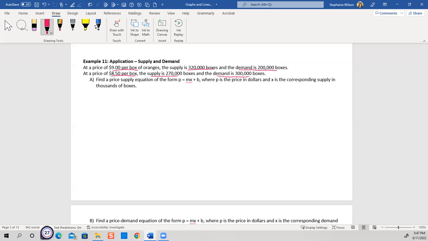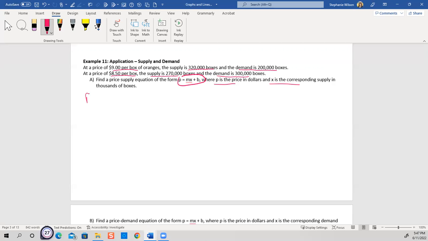So we're going to find the price equation of the form P equals MX plus B, where P is the price and X is the corresponding supply in thousands of boxes. This would be good to highlight and make a note to the side that will help you.